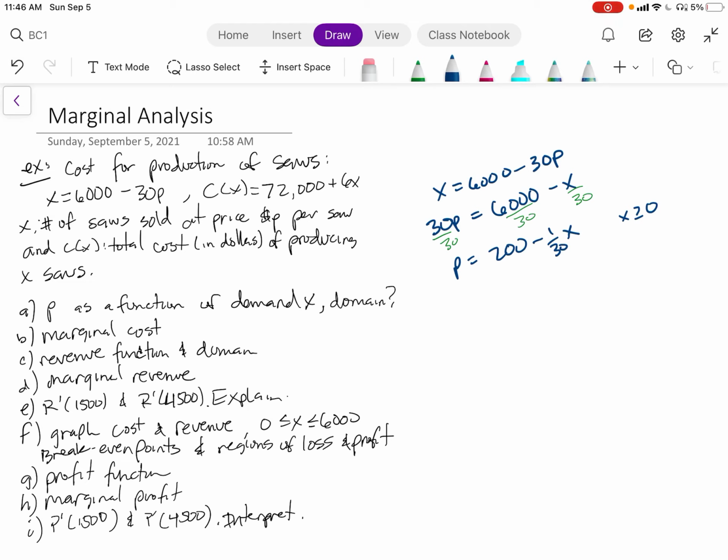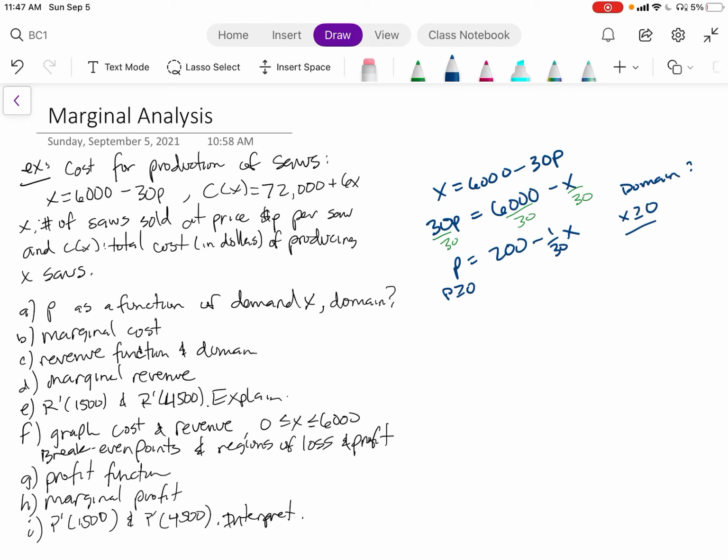I also know the price can't be negative, right? Domain is in terms of x, but intuitively I know this has to be true. P has to be greater than 0. I can't have a negative price.